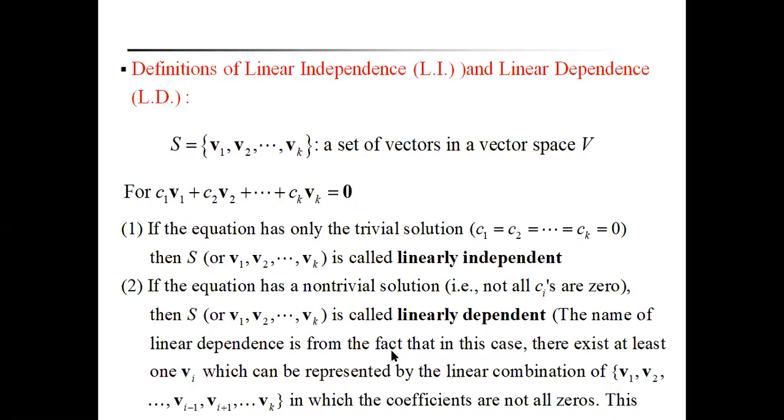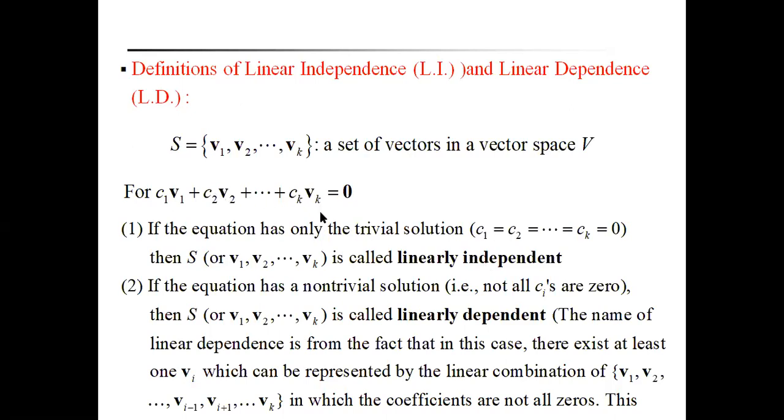In other words, linearly dependent means there exists at least one vector Vi which can be represented as a linear combination of the other vectors in that same set, where the coefficients are not all zero. That's why it is called linearly dependent. If the above equation has only the trivial solution, then it is linearly independent.